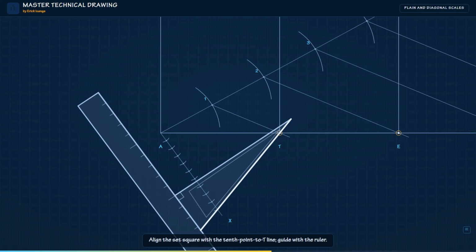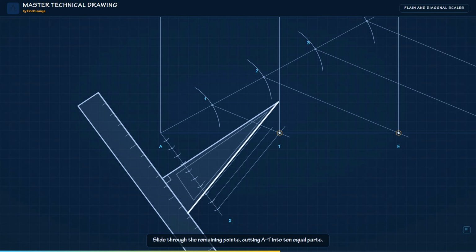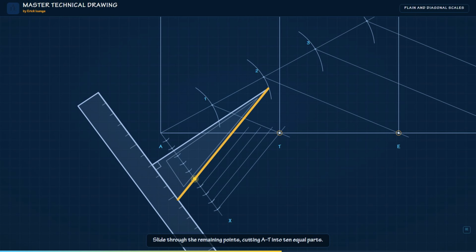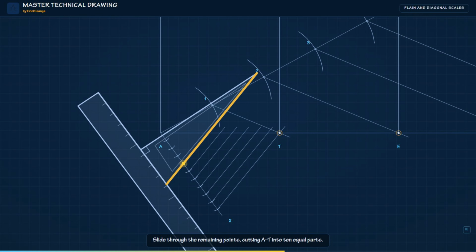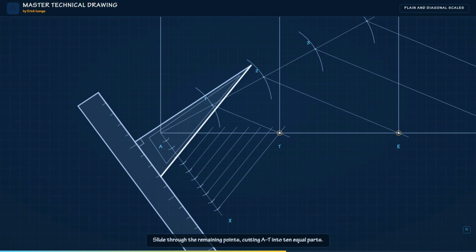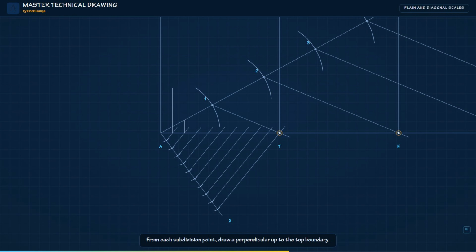Align the set square with the line joining the 10th point to T, and rest the guide ruler against its shorter edge. Slide the set square through the remaining division points, drawing parallels that cut A to T into 10 equal parts. From each subdivision point, draw a perpendicular up to the top boundary of the scale.